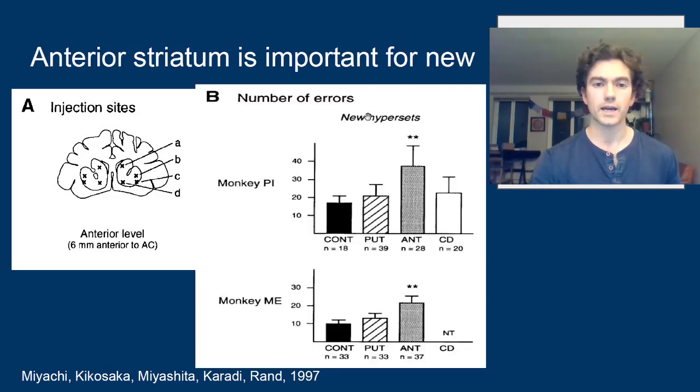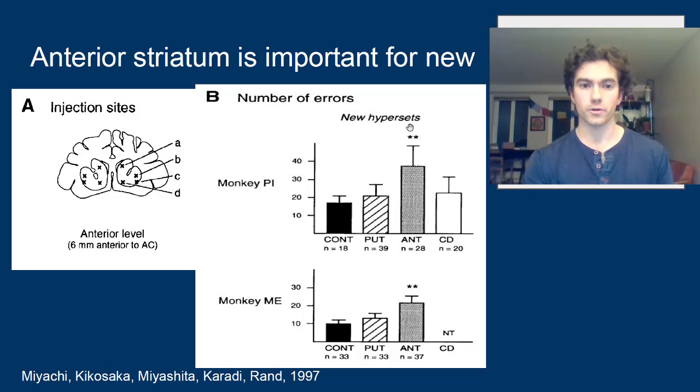So first, they looked at how new hyperset learning was affected by these injections, and there's kind of a standout effect here where injection into the anterior striatum is going to cause a significant increase in the number of errors that both monkey PI and monkey ME are gonna produce when trying to learn new hypersets. And this is really pretty dramatic.